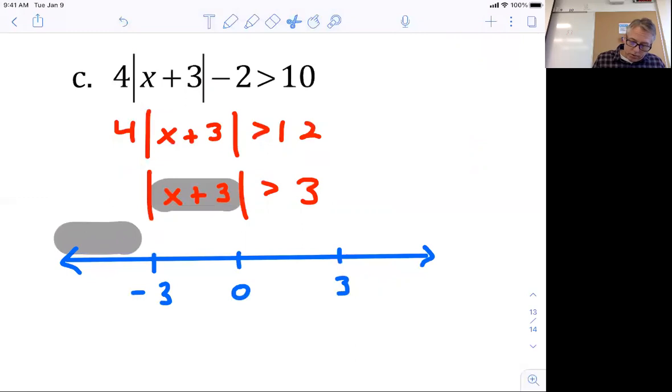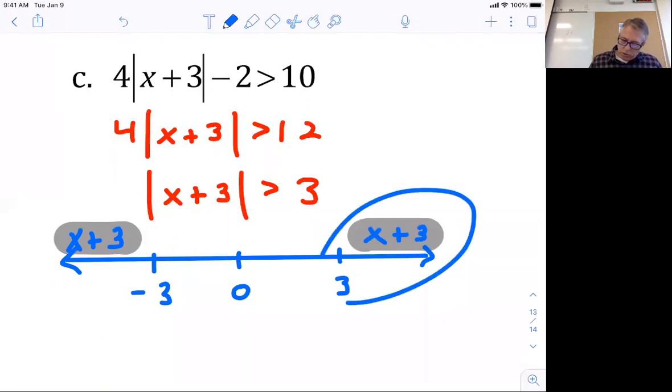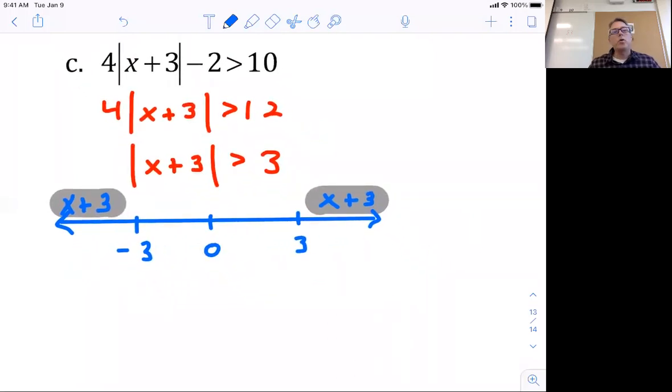That's more than 3 units to the left. And, or I should say, I'm sorry, over here, that will be more than 3 units to the right. So x plus 3 should be less than -3, or x plus 3 should be greater than +3. Those are going to be my 2 equations that I will solve to give us our solution set.